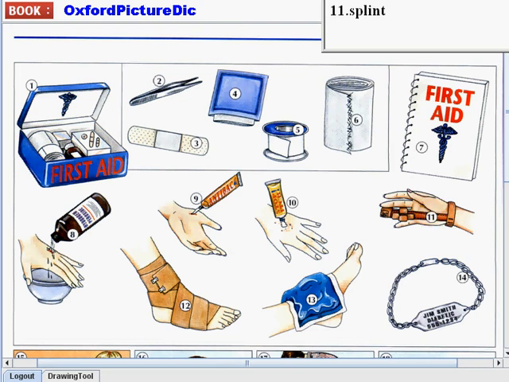And then we have the elastic bandage. In number 12, this is the elastic bandage. It is a piece of soft material that covers and protects an injured part of the body. Again, elastic bandage. And then we have the ice pack.